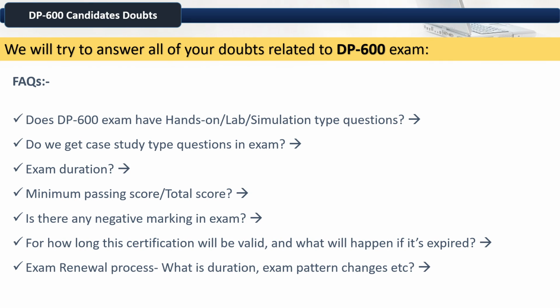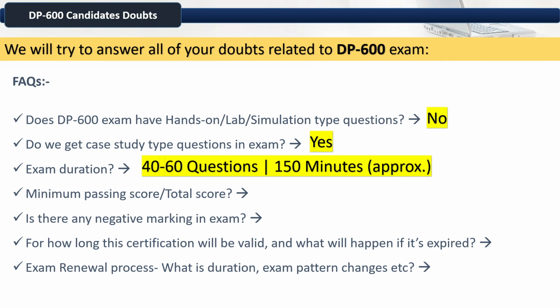We will try to answer all of your doubts related to the DP-600 exam, such as: the exam does not have hands-on lab or simulation type questions. It does have, however, case study type questions. The exam duration is around 150 minutes in which you have to answer 40 to 60 questions.